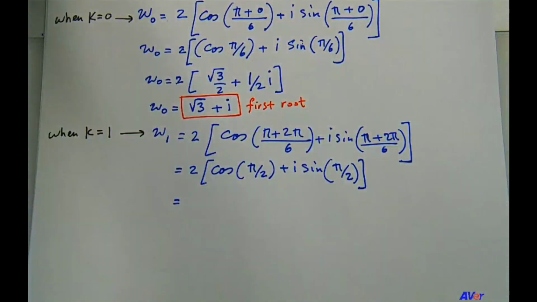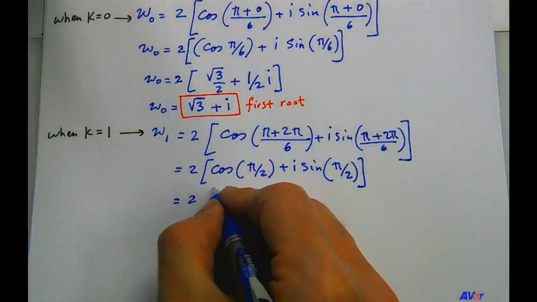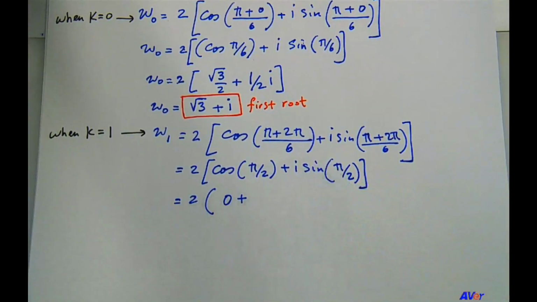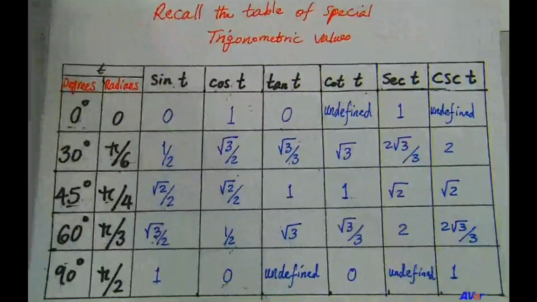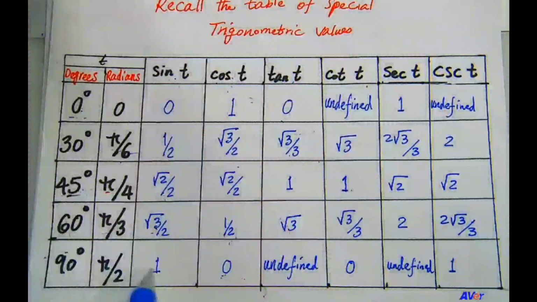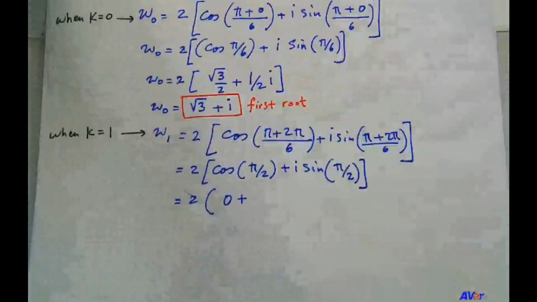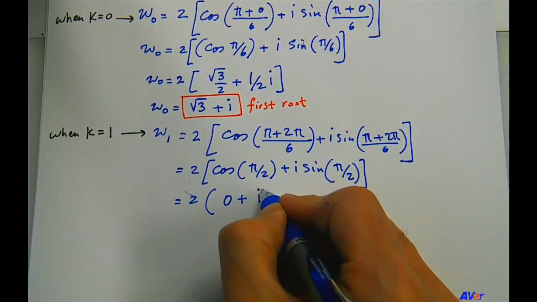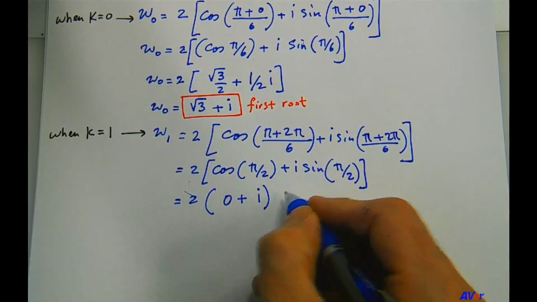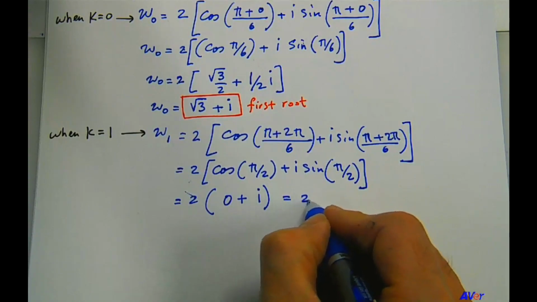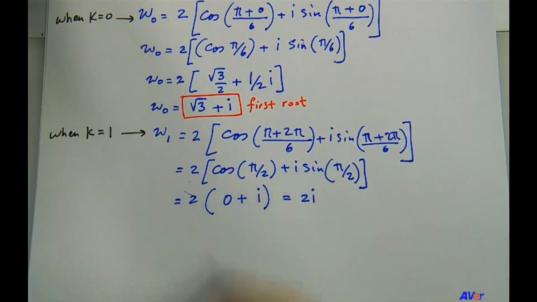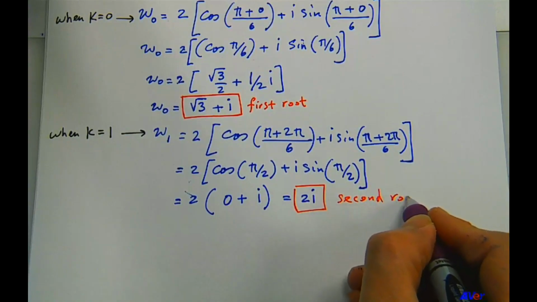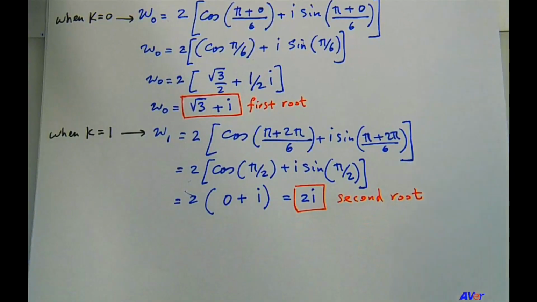Right? So 2 times 0 plus, sine of pi over 2 is 1. So I times 1 is just I. So this one is just 2I. And that is the second root. We're getting there, right? We need 4 more roots to calculate.